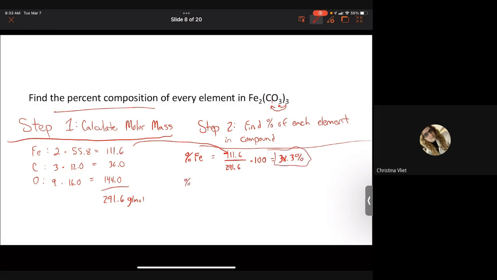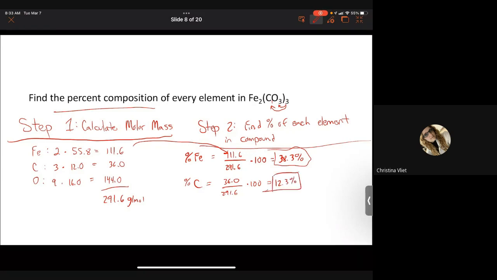Then I do the percentage of carbon. That's going to be 36 divided by 291.6 multiplied by 100. Is 12.3%.